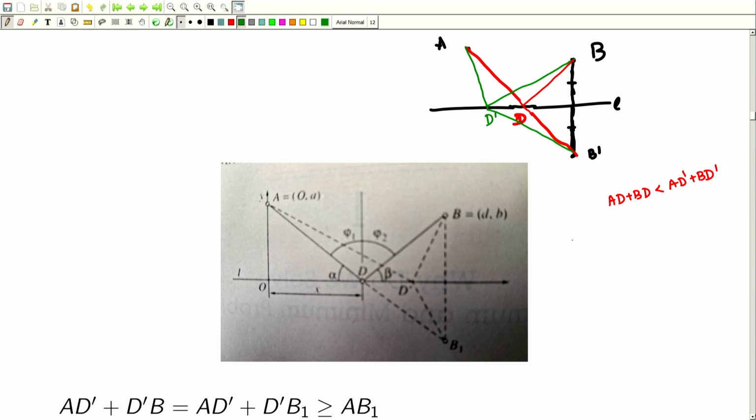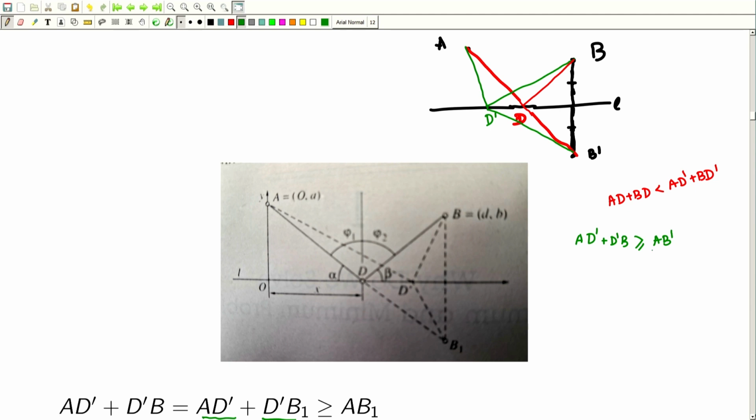So now you have AD prime plus D prime B. Now you look at the triangle AD prime B prime; this is the sum of these two sides. So AD prime plus D prime B prime is greater than or equal to AB prime, because the sum of two sides of a triangle is bigger than the third.